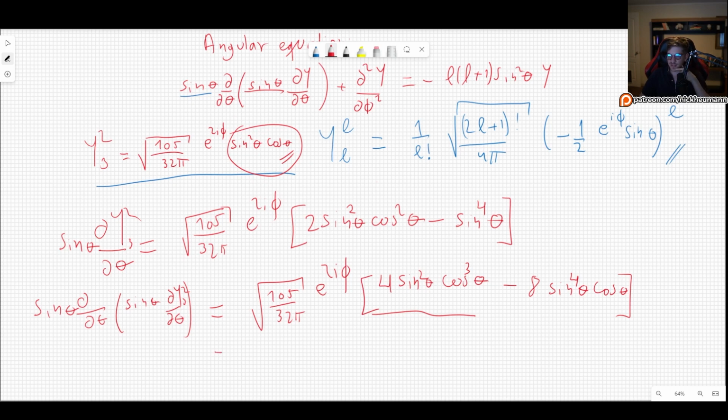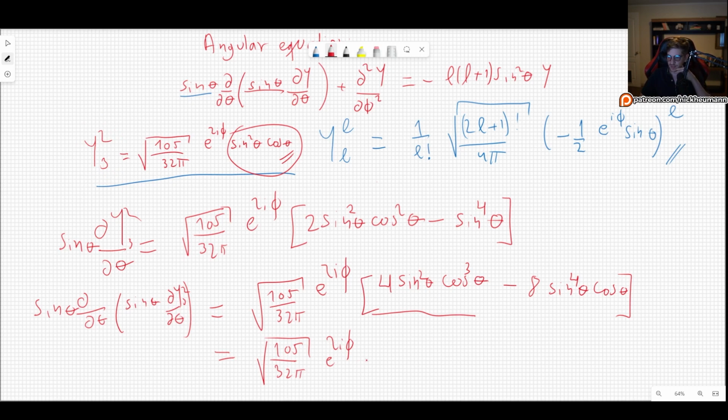Look at this. This is very interesting. So we have 105 over 32 pi e to the 2i phi. And by the way, why am I doing this? I'm doing this because that way I can rewrite this expression in terms of Y32, which would make the algebra much, much simpler like we did in the other case.